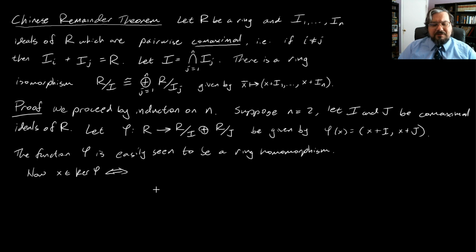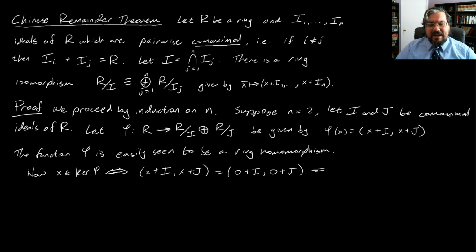This is true if and only if the image of x under phi, which is x plus I, x plus J, is the zero element in the ring R mod I plus R mod J. But, of course, this only happens if x plus I is equal to 0 plus I and x plus J is equal to 0 plus J.